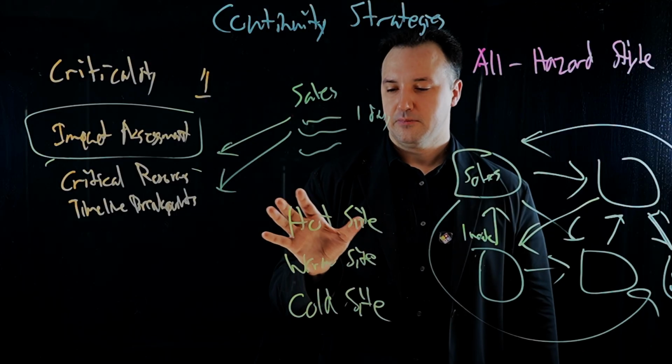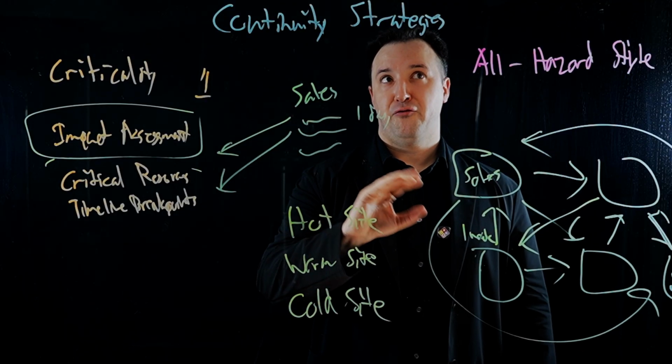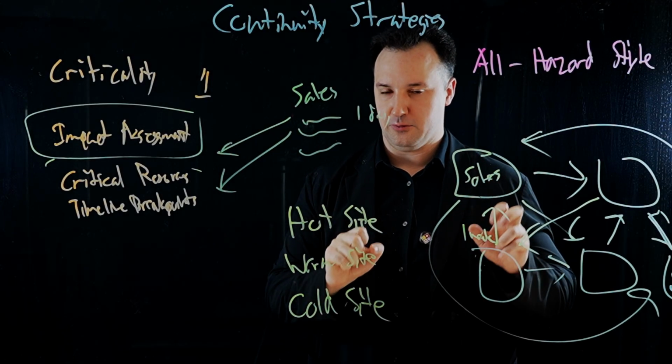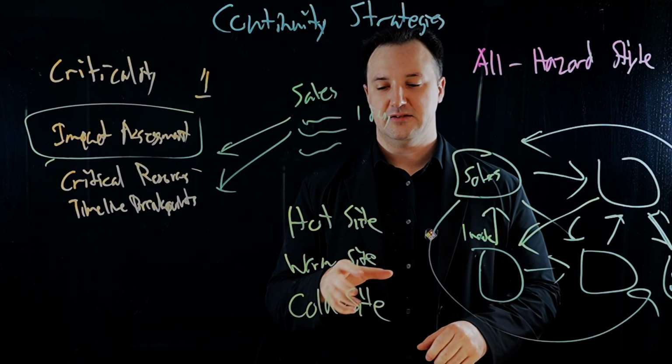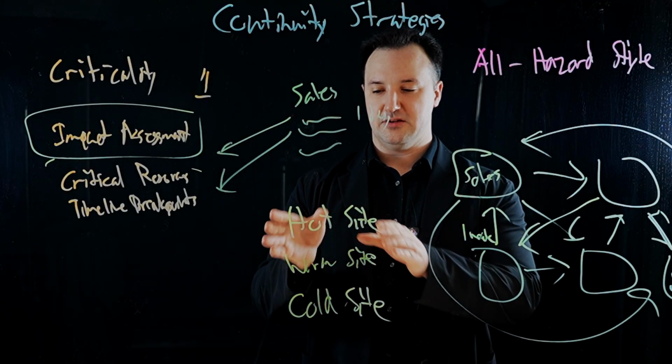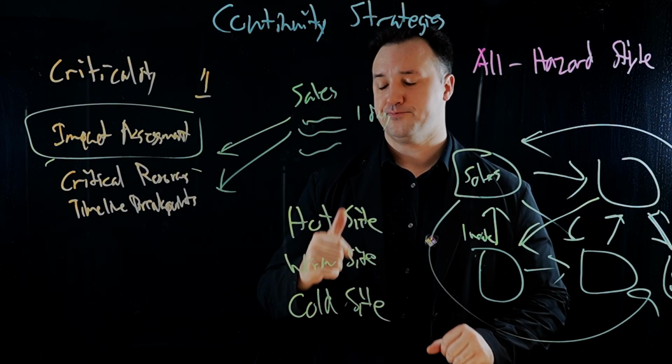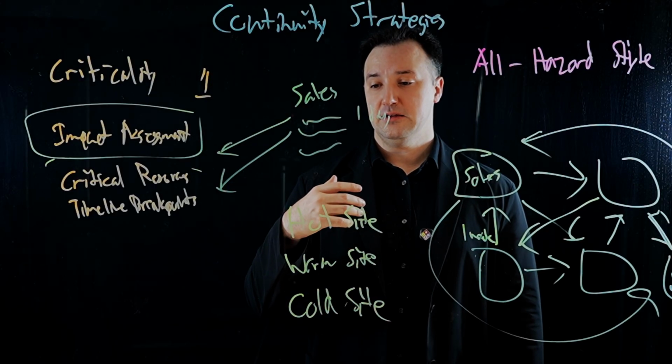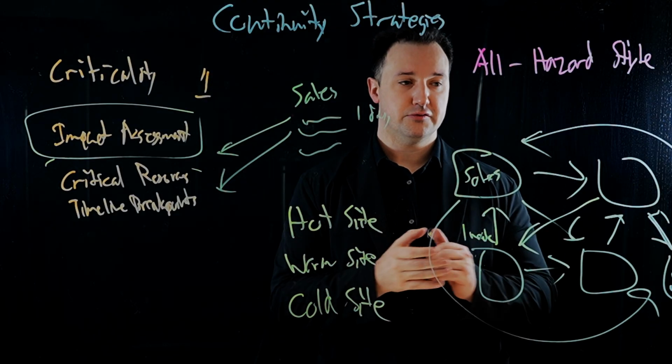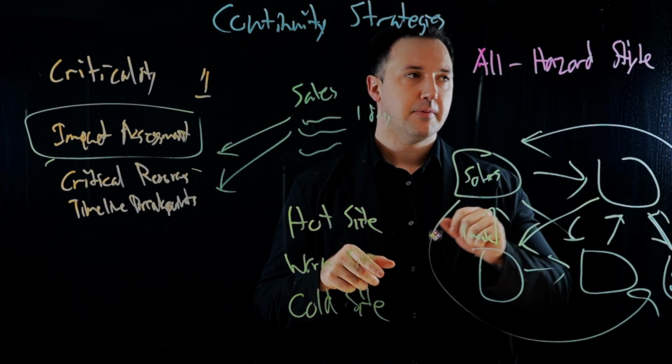Stuff to consider. There is a fourth type of site, sort of above all these, that isn't normally discussed in this hot, warm, cold framework. That sort of site is a mirrored building. So it's kind of like a hot site plus.